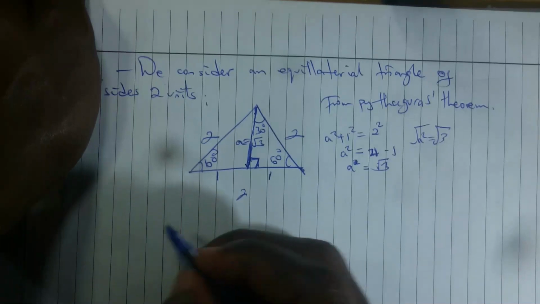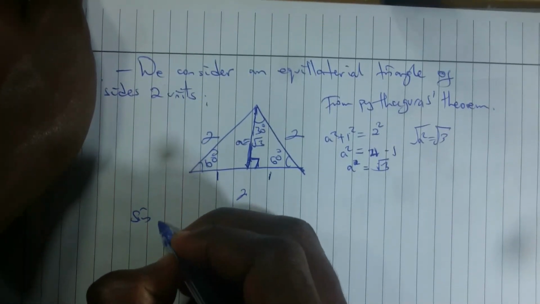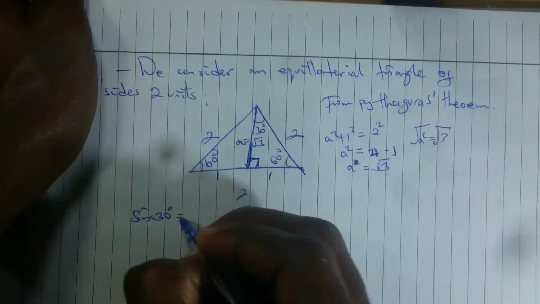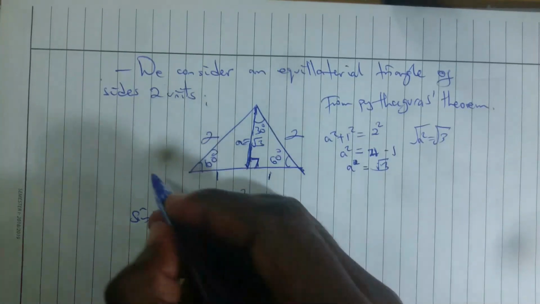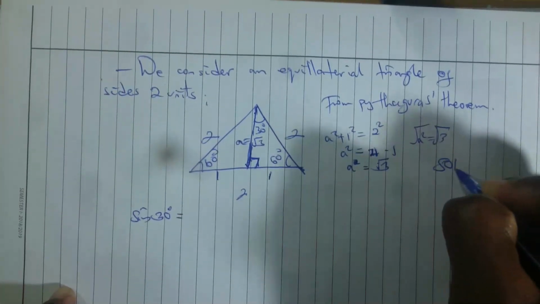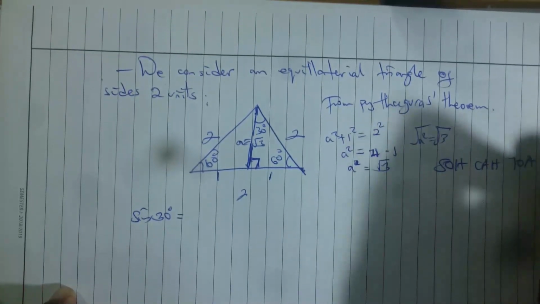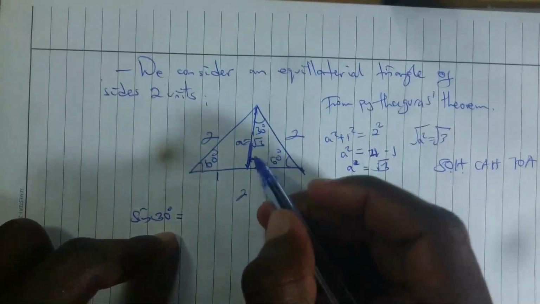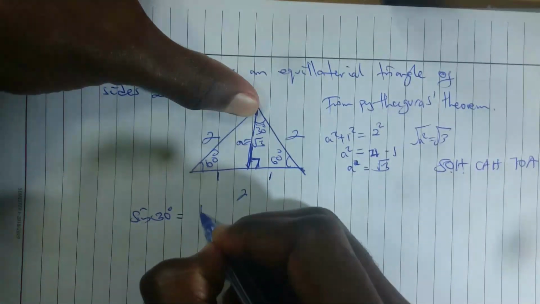Okay, so now let's start with 30 degrees. We'll find that sine of 30 degrees is given by, remember we looked at SOH CAH TOA, sine is opposite over hypotenuse. Since we are here on 30, our opposite is this, which is 1.